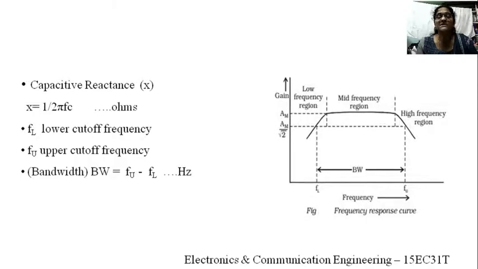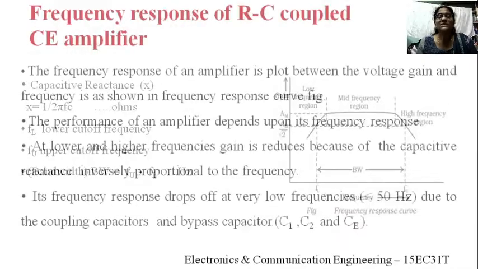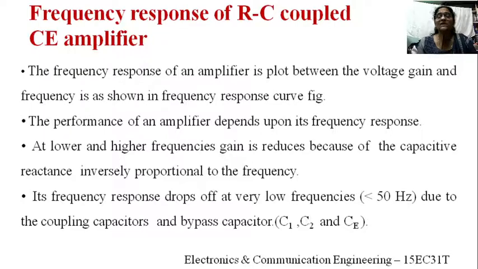If the frequency is high, the reactance is low. Using this concept, at lower and higher frequencies the gain is reduced because the capacitive reactance is inversely proportional to the frequency. We'll see how it is reduced at the lower and higher frequencies because of these capacitive reactances.